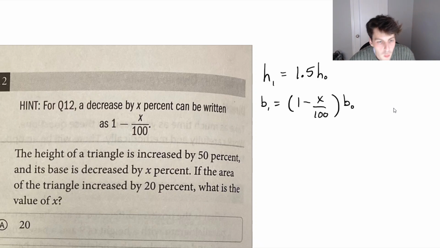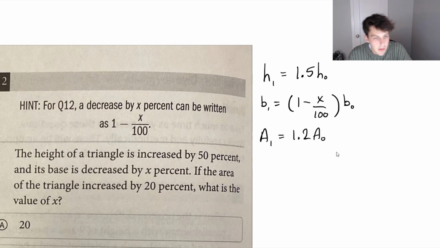So whatever percent decrease of our initial base value is going to be equal to this equation that we have here. And lastly, we know that the area of the triangle is increased by 20%, which means that area 1 is going to be equal to 1.2 times a0, or a naught.